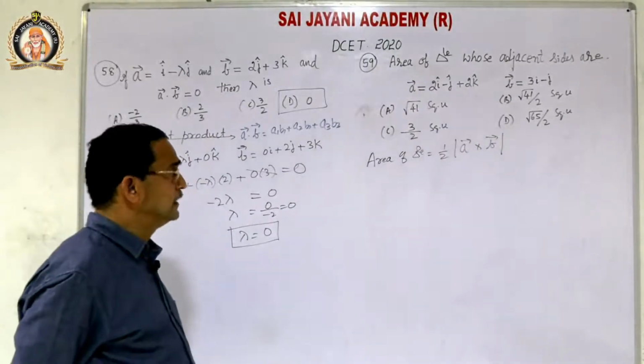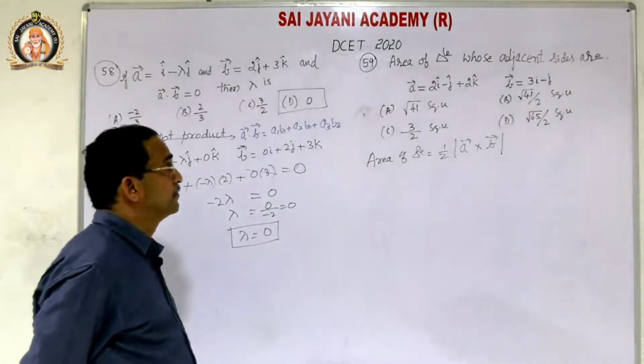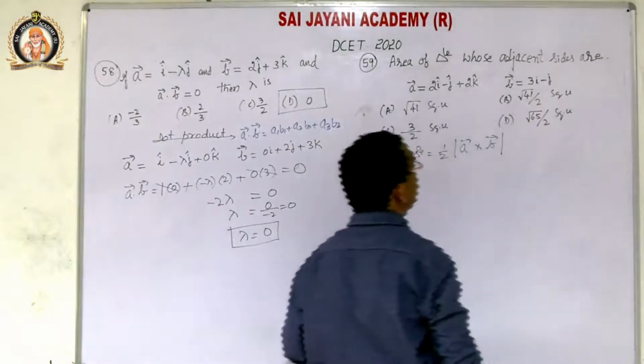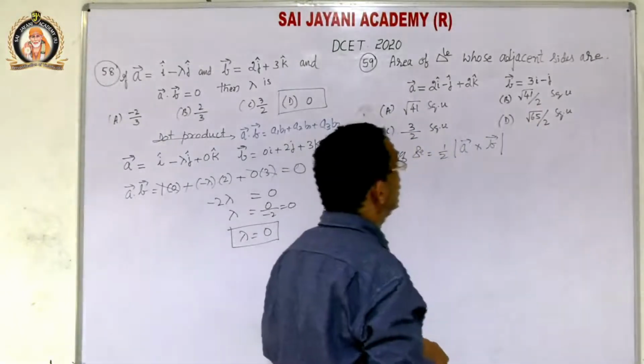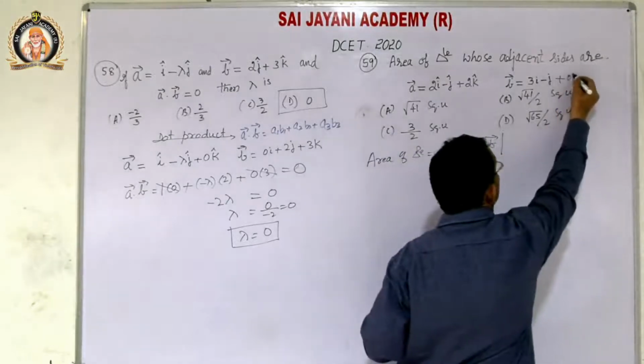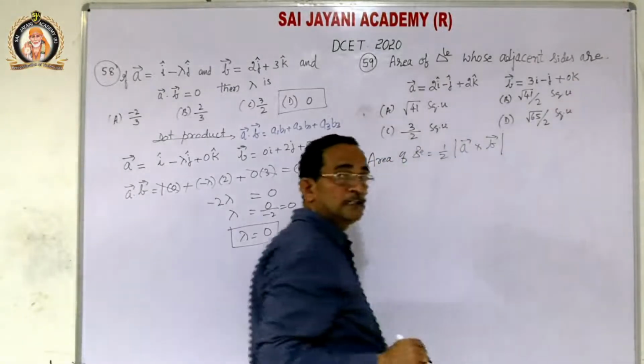So how to find the magnitude of A vector cross B vector? He has given the A vector and the B vector. What is the B vector here? 3i minus j, plus there is no term, so we have to consider 0k, is it not? That is the idea.